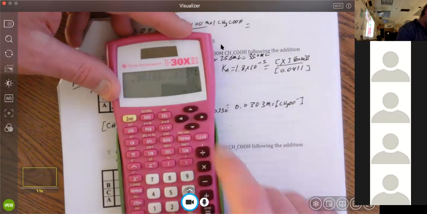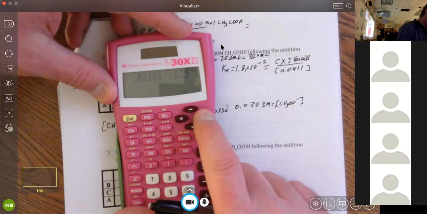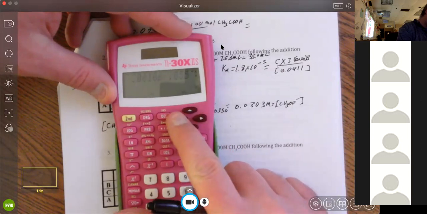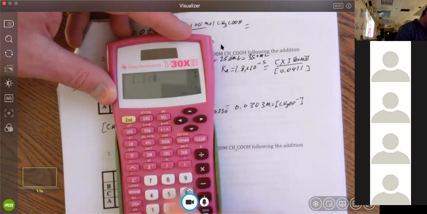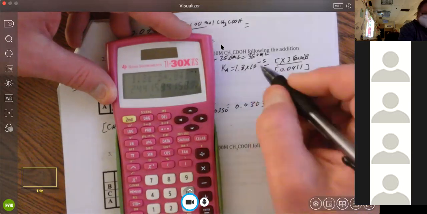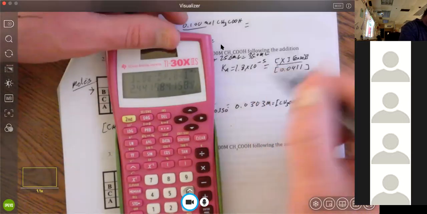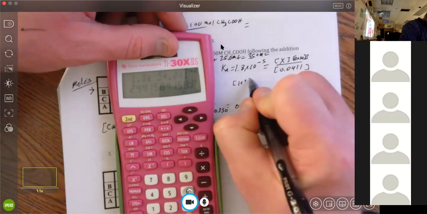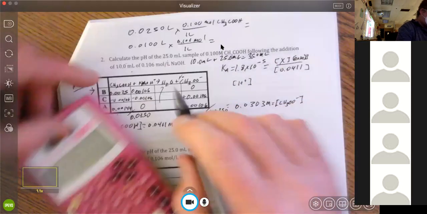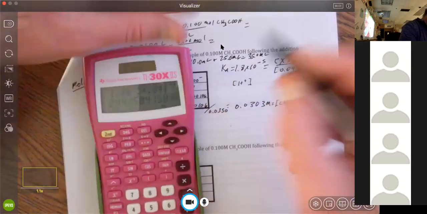I lost it, didn't I? Yep, it's all right. So retype that in: 1.8 times 10 to the negative fifth times 0.0411 divided by 0.0303. And we get 2.44 times 10 to the negative fifth. And that X, if you recall, is the hydrogen ion concentration, or H3O plus, whichever one you want to write.